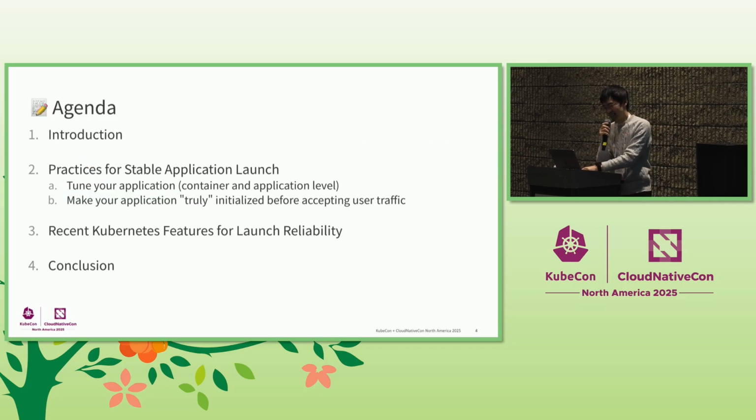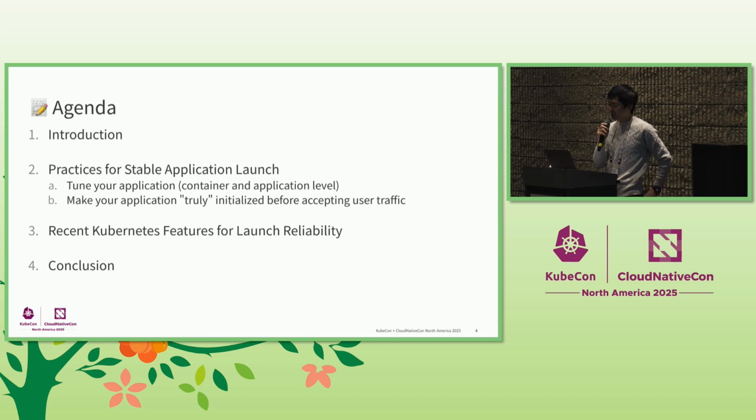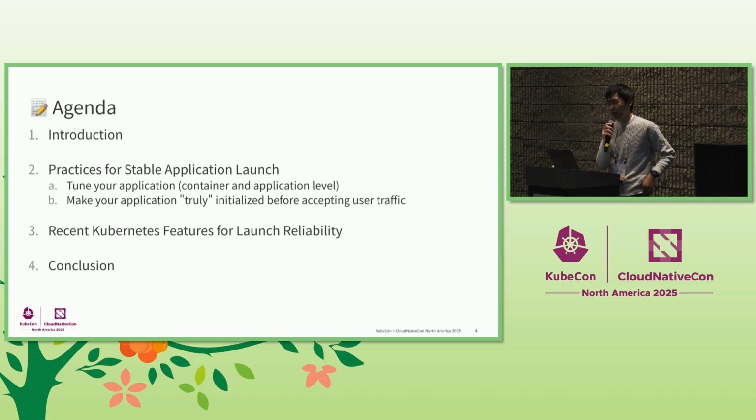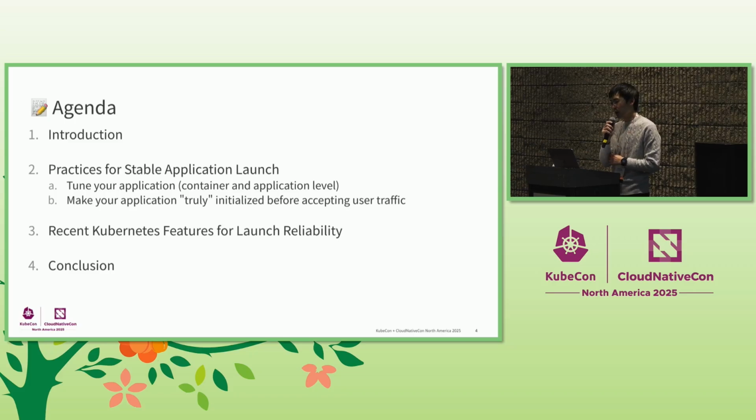Thank you. So anyway, today I'll talk about how to launch applications with greater stability and reliability on Kubernetes. I've organized my presentation into 3 key sections and a conclusion. First, I will introduce what I mean by launch reliability and explain why it's important for production applications.